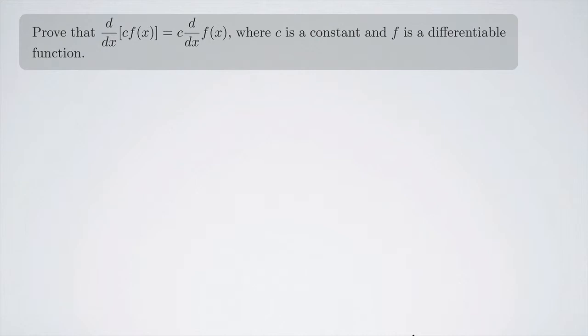To do a proof here, I should probably start off by defining some other function. We'll let g(x) be a constant times f(x). Now I can rewrite my limit definition of a derivative in terms of g(x): the limit as h approaches 0 of g(x+h) minus g(x) all over h.